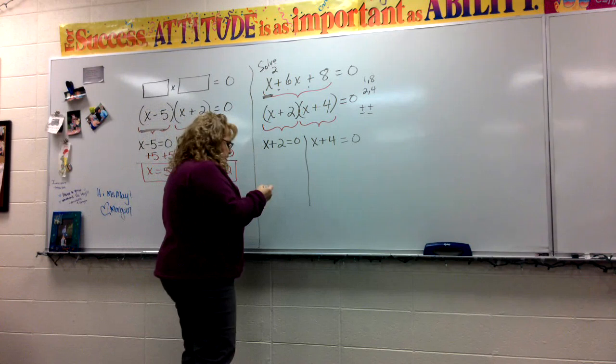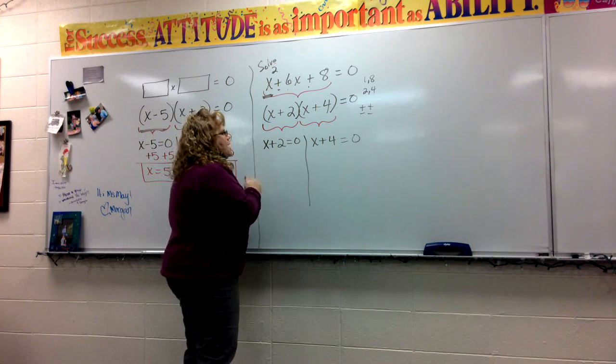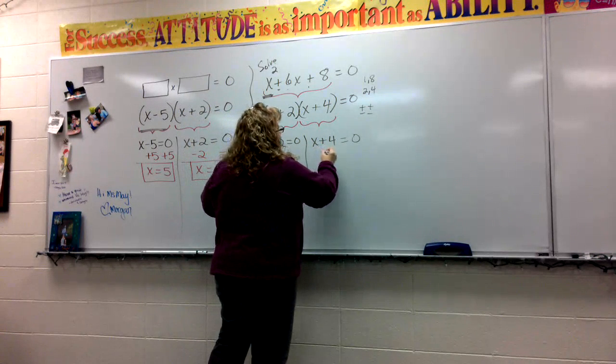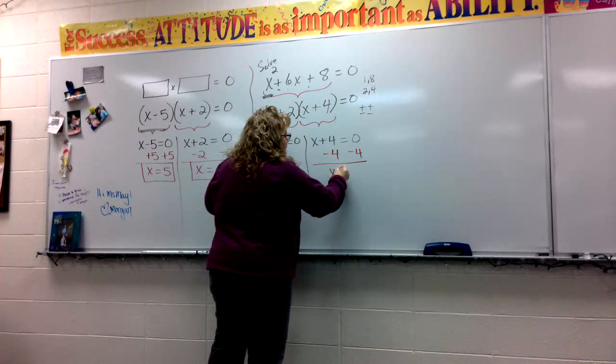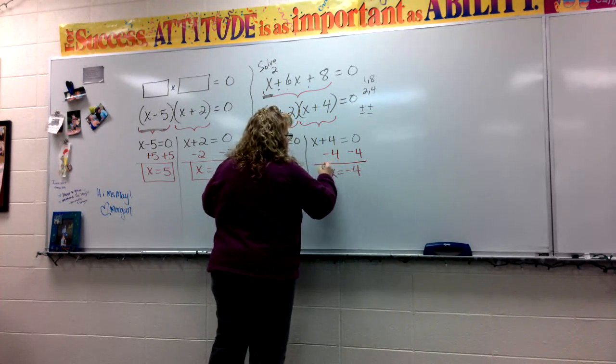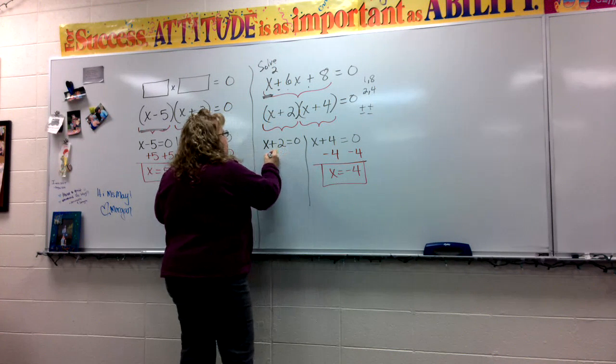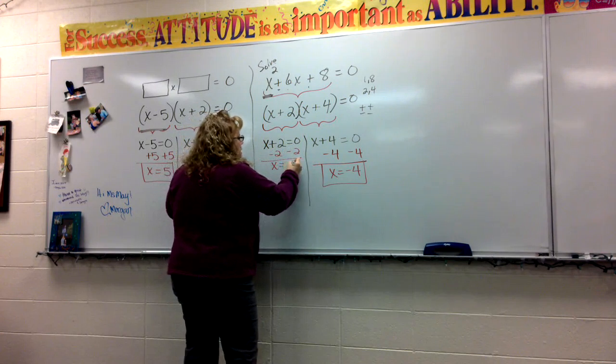And then you just finish solving it. That's the easy part. So you get x equals negative 4. And over here, minus 2, you get x equals negative 2.